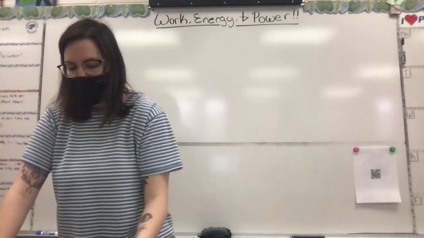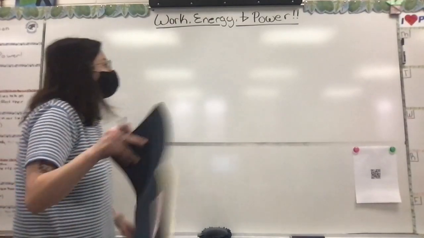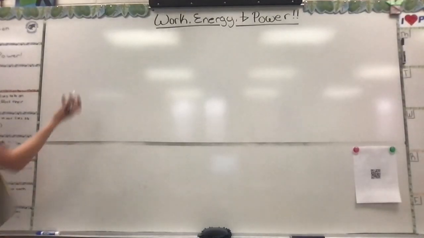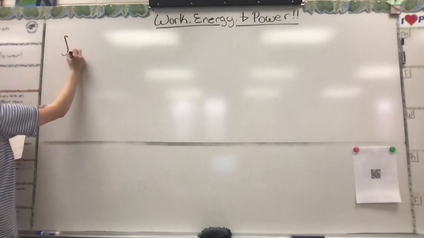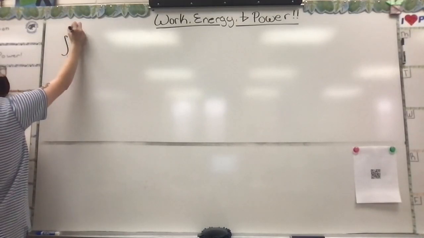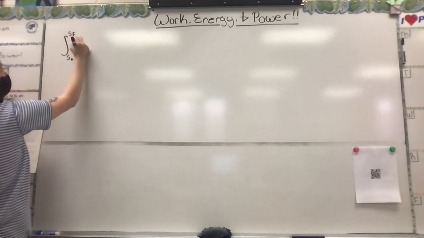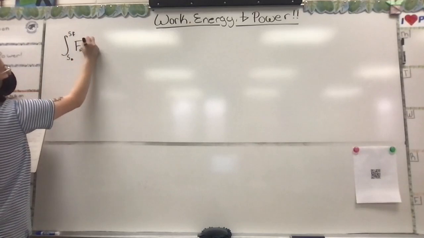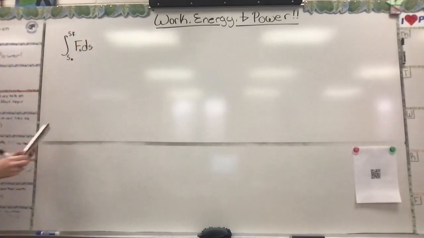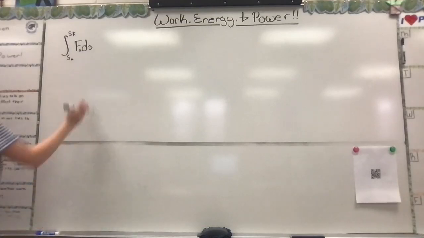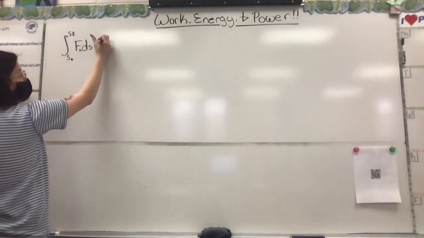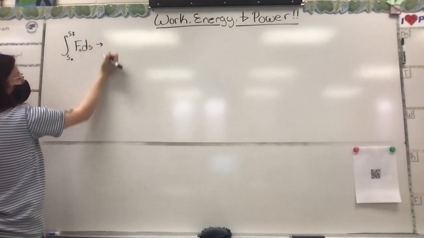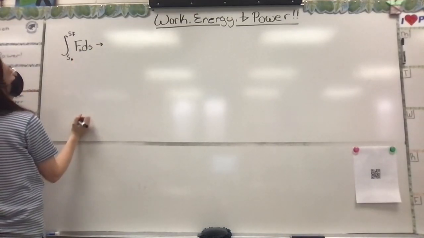So the right side was the integral from some initial position to some final position of Fs ds. What can we take out of the integral as a constant?